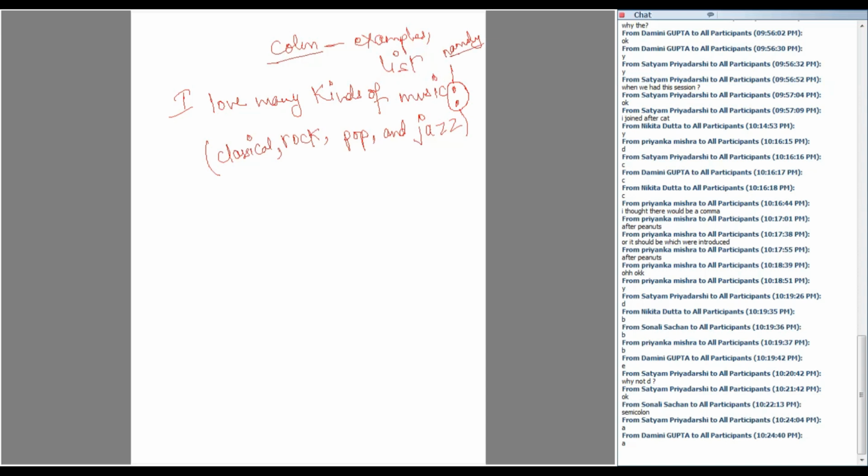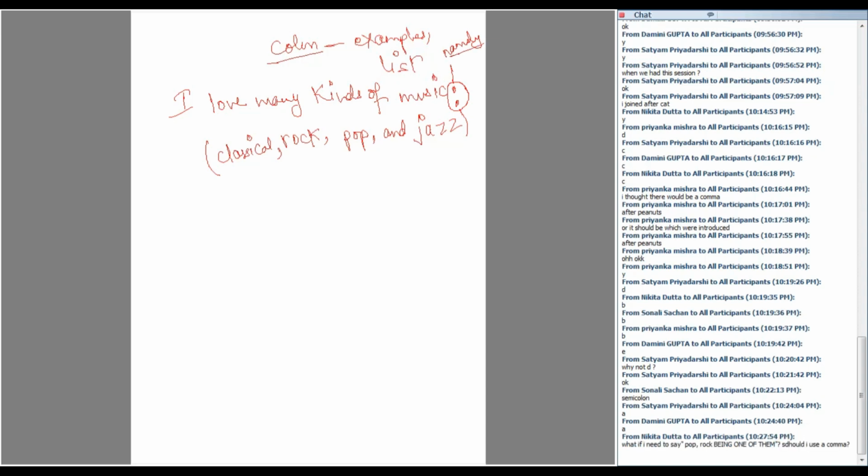Otherwise, you have to use a semicolon. So, I love many kinds of music, namely classical, rock, pop, and jazz. So instead of the word namely, I can use a colon.